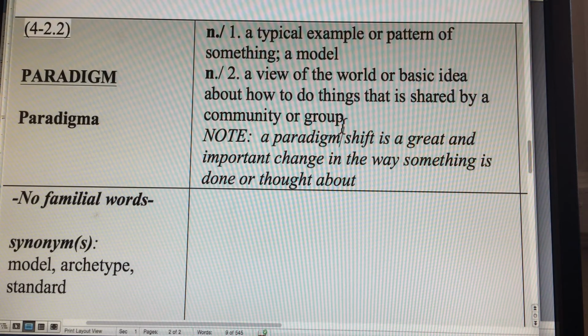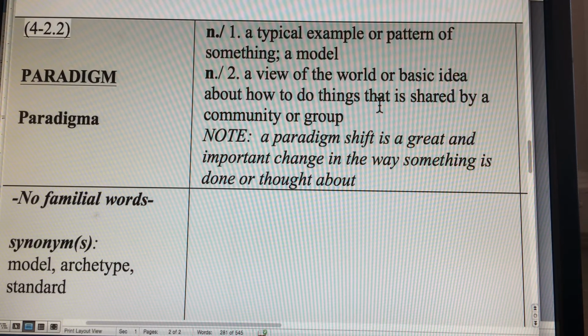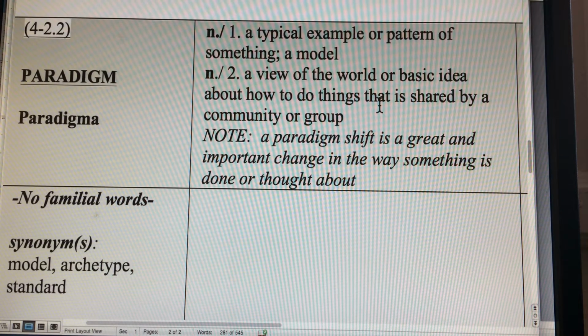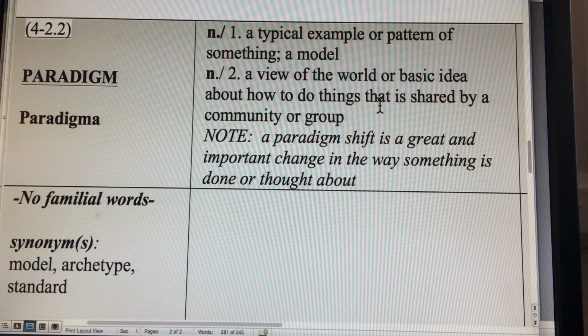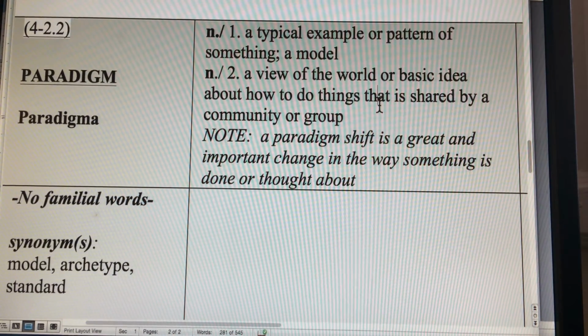The second definition is a view of the world or basic idea about how to do things that is shared by a community or group. Okay? A view of the world or a basic idea about how to do things. All right, so it's like a typical view of the world, how we normally think about things, a community.